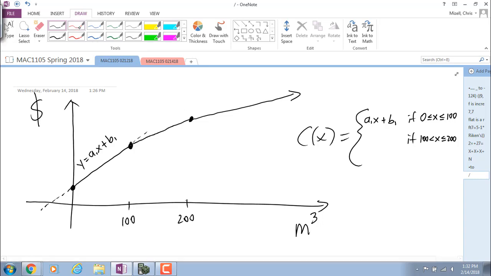If you extend that straight line, it's a different straight line. It has a different slope. The slope is less. And the y-intercept is not really significant for that particular one, but it would have a different y-intercept if we extend that over to where it crosses the y-axis. So that would be y equals a sub 2 x plus b sub 2.